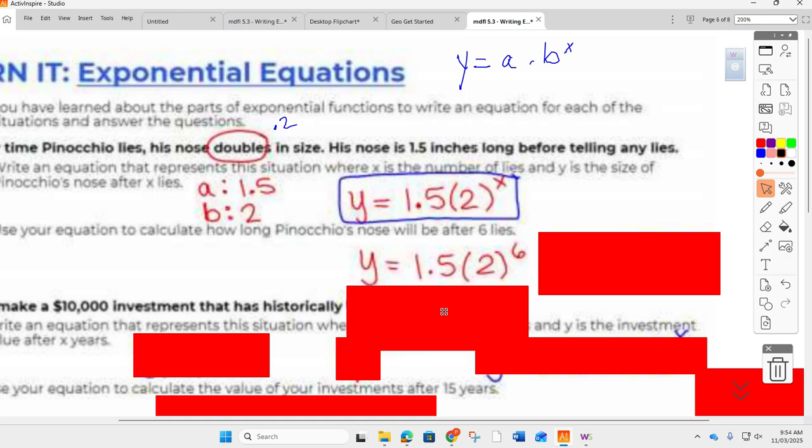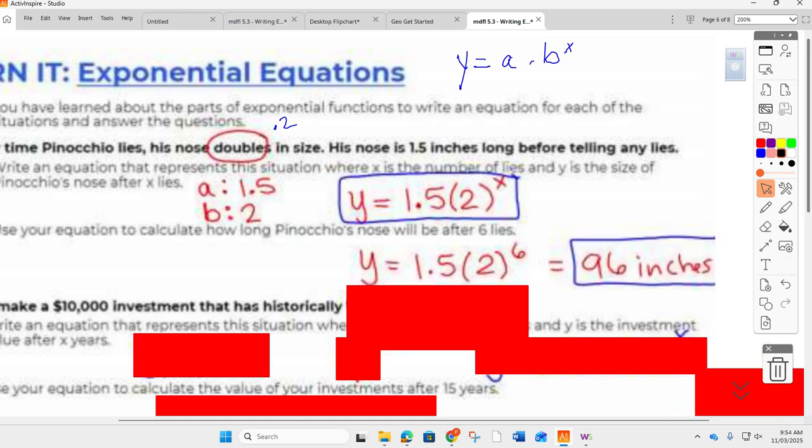Use the caret there, so use the little caret. Nope. That's why I wanted you guys to know where the exponent is. So this is the exponent. Now cut that, and now finish. So 96 is correct. So again, after 6 lies, his nose will be 96 inches long.